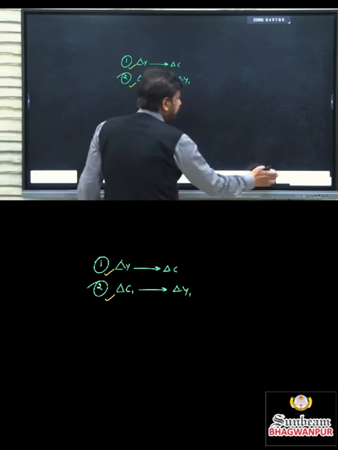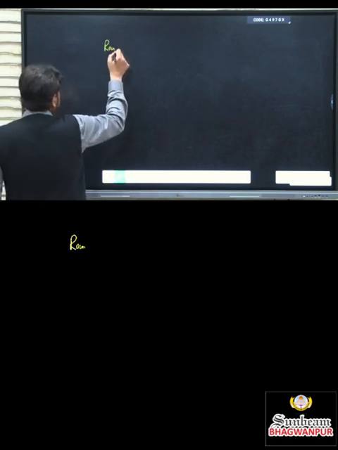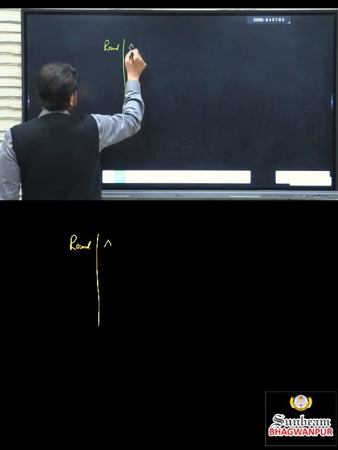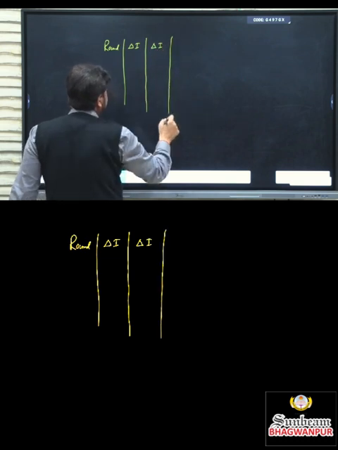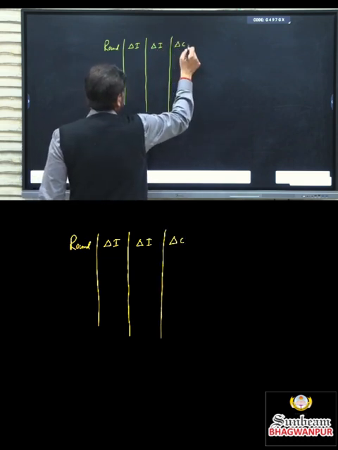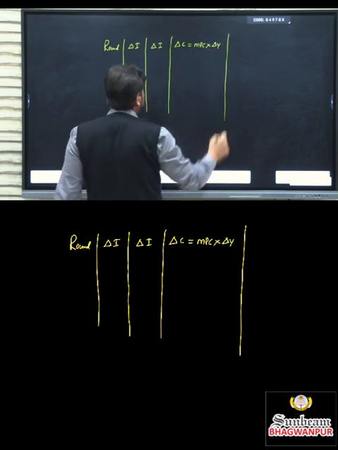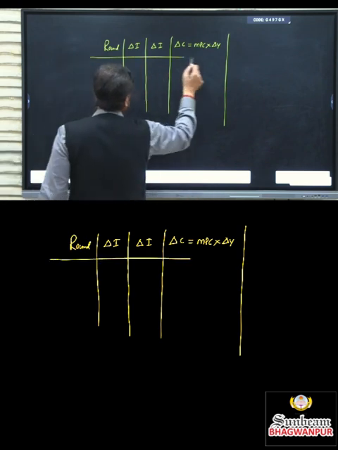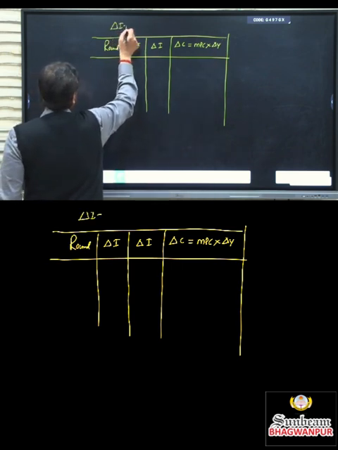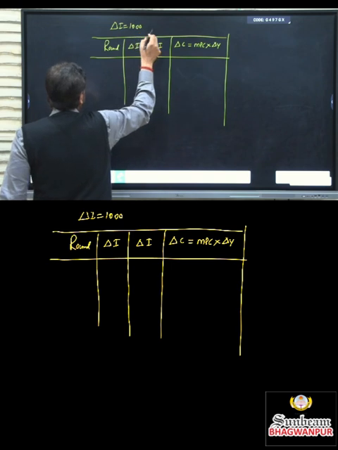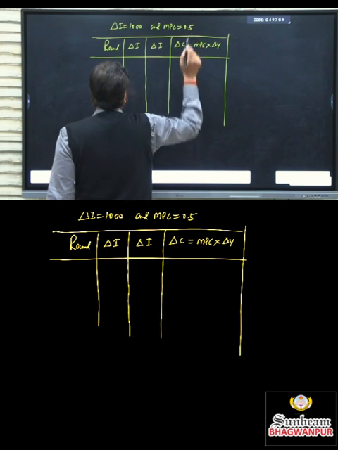And to clarify this, let us discuss a table: round, change in investment, change in income, change in consumption, which is equal to marginal propensity to consume multiplied by delta Y. And if I assume that delta I is equal to 100 and MPC is equal to 0.5.